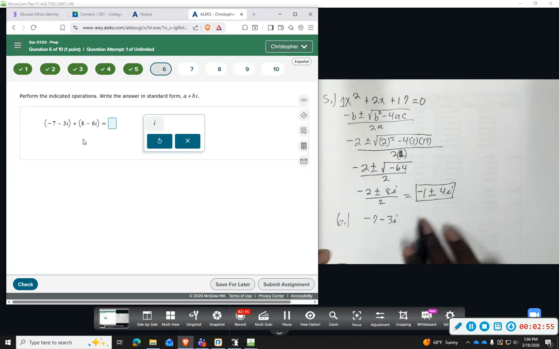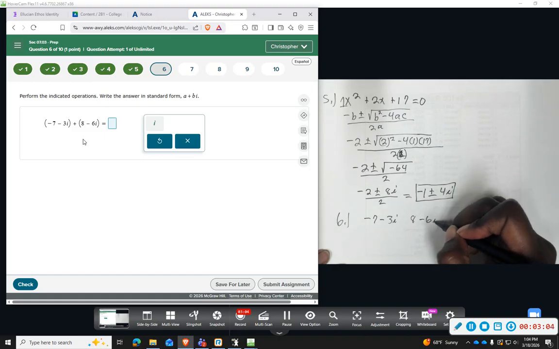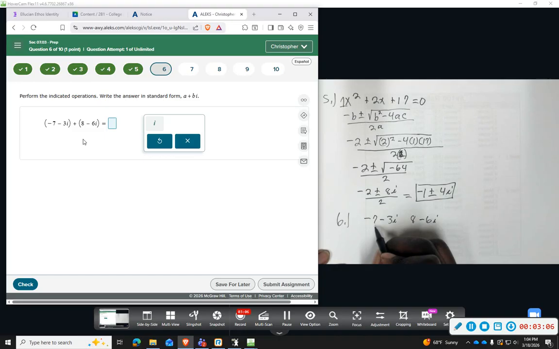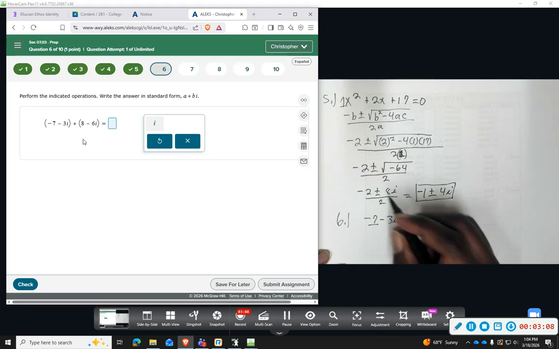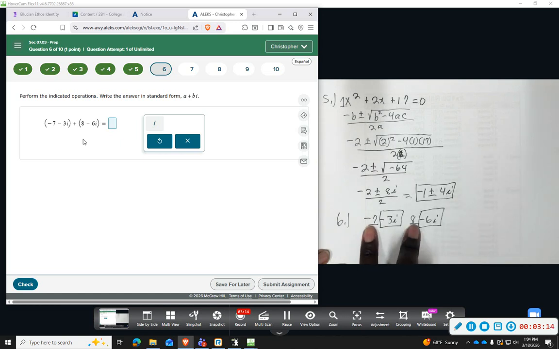And since it says plus, we don't have to change the signs in the second parentheses. So plus 8, and then minus 6i. All right, so the real parts we will combine, and the imaginary parts we will combine. I'm just kind of boxing them. The negative 7 and positive 8 will add to give us a positive 1.